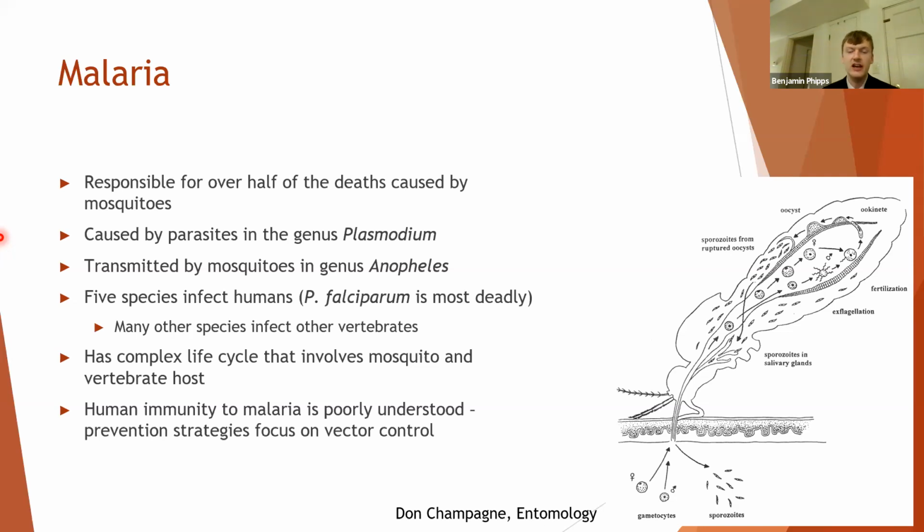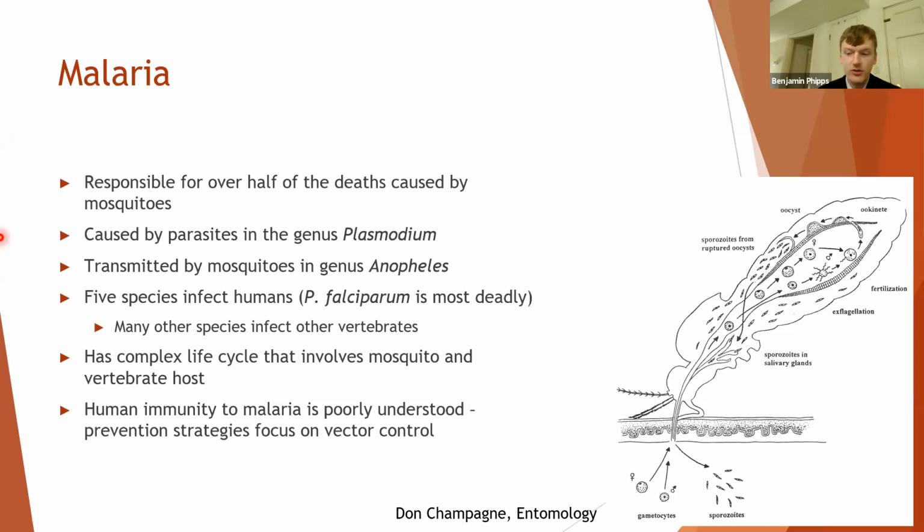And with the advent of technologies such as gene drives for suppressing vector populations, it's critical to find targets that can be exploited to suppress mosquito populations and/or parasite transmission.